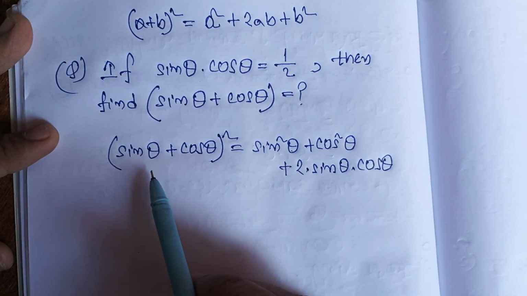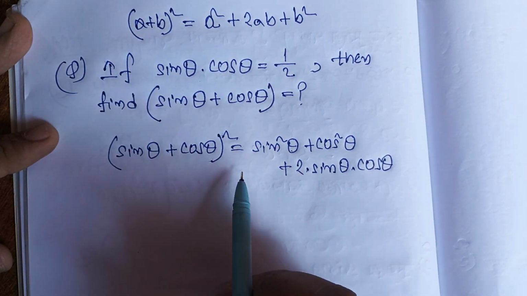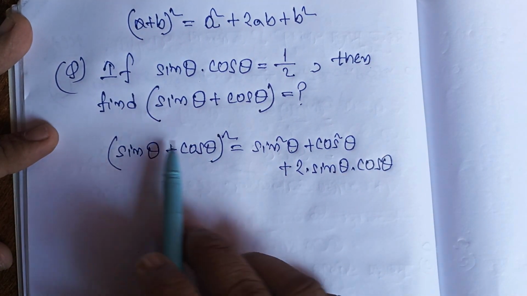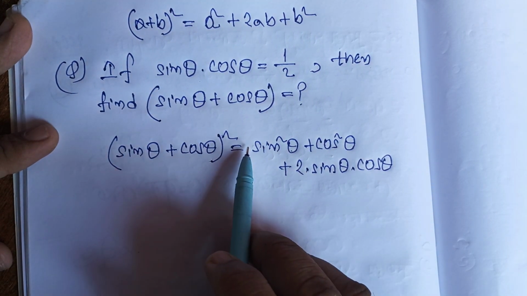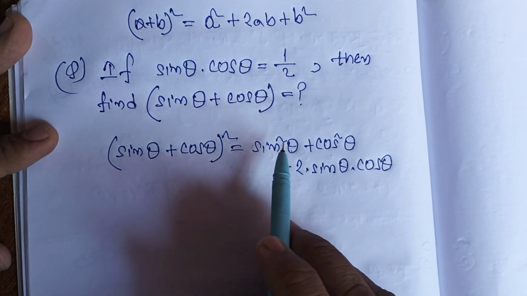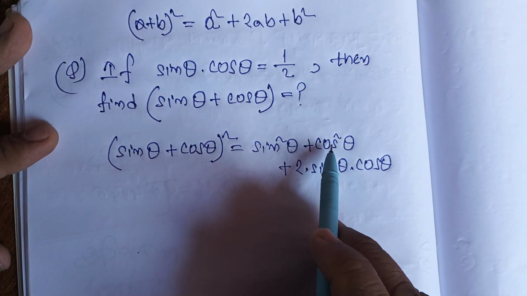Here sin theta is in the place of a and cos theta is in the place of b. So this structure is a (a plus b) whole square structure. So we can write a square plus 2ab plus b square.